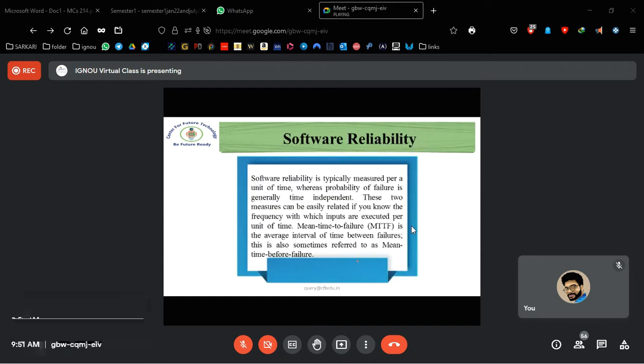Software reliability is a very important metric that is typically measured per unit of time, where the probability of failure is generally time dependent. These two measures can be easily related if you know the frequency with which the inputs are executed per unit of time. Mean time to failure is the average interval of time between failures.